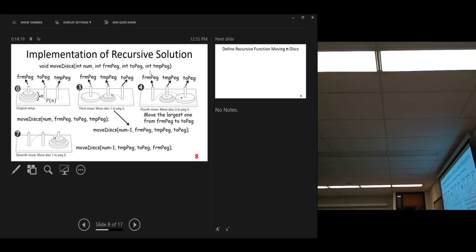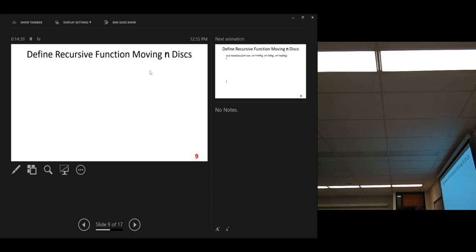After that adjustment, you can see we split the original function into 3 steps. That's the recursion. Now let's write the pseudocode for the function. That's the original function. Inside this original function, we need to have a base case, right?